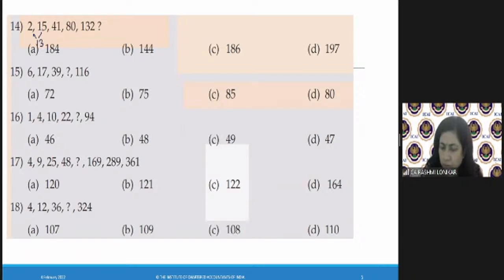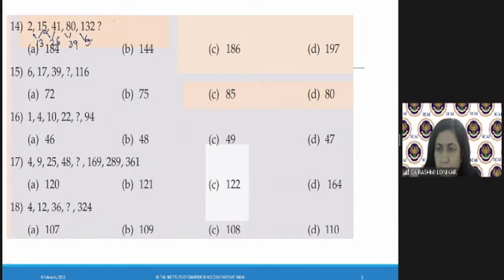What is 41 minus 15? 26. Now 80 minus 41. 39. Then 132 minus 80, 52.